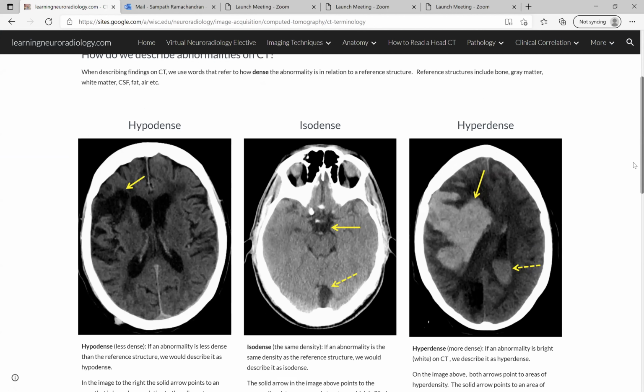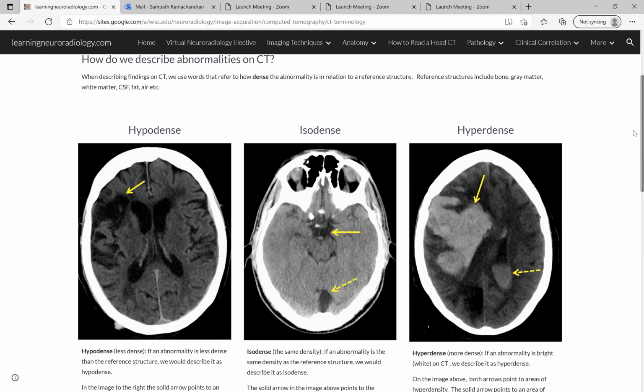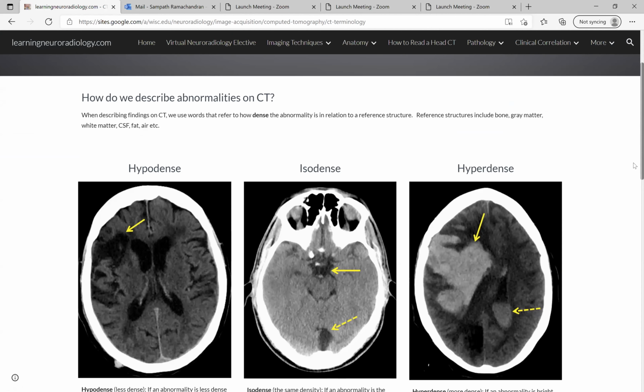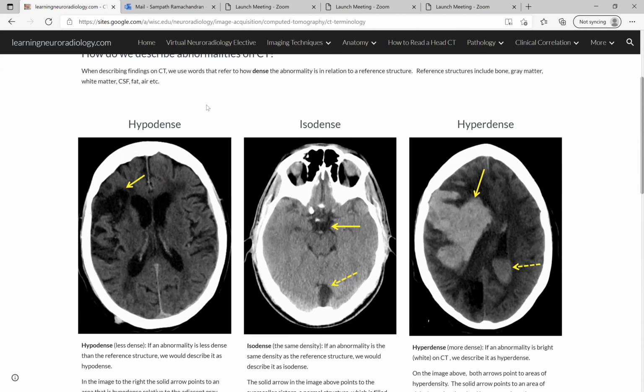When you look at a CT, let me go through the terminology. We talk about hypodense, which is less dense compared to the rest of the brain. Isodense is similar to the CSF, the cerebrospinal fluid, here.